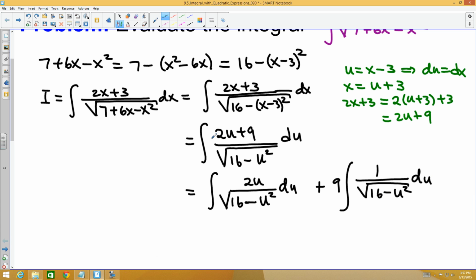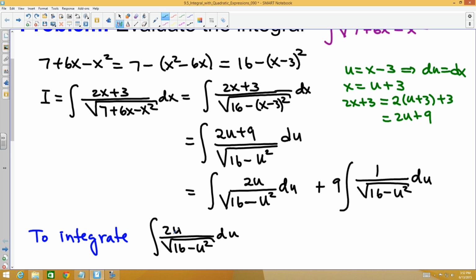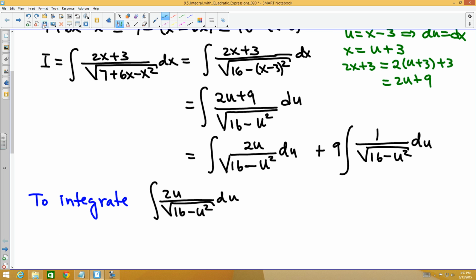One with numerator 2u and another with numerator 9. This second kind of integral we learned to evaluate by trigonometric substitution. For the first one, we do the change of variable: we set v equals 16 minus u squared, so dv is negative 2u du.